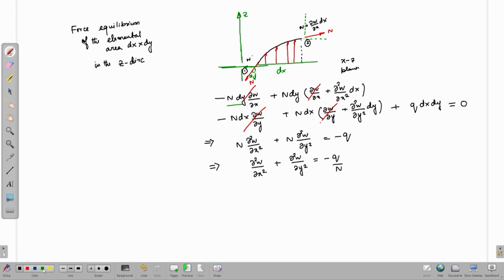Now, let us see this equation, let us note down this equation, and let us remember the equation of the Prandtl stress function. So, if we remember the equation of the Prandtl stress function, it is of this form.